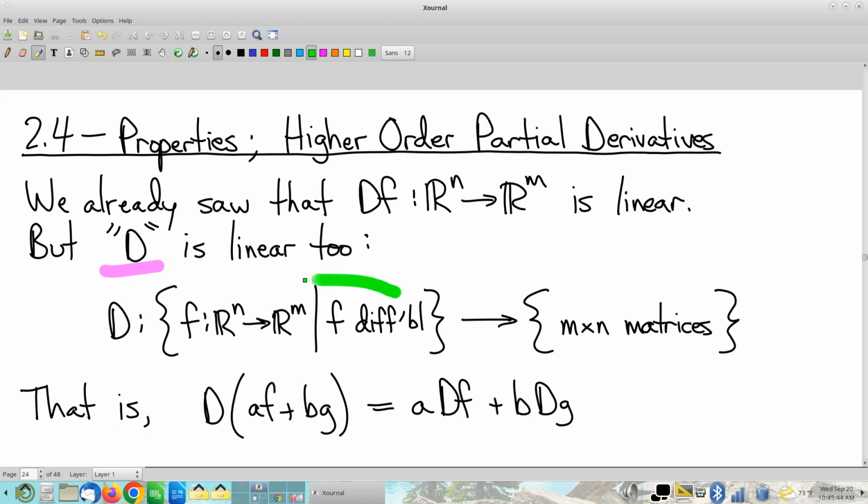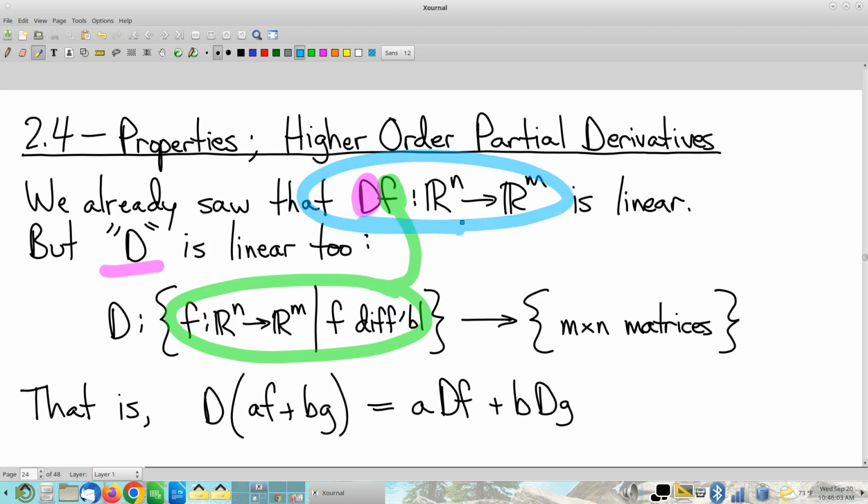If you have a differentiable function f, the act of differentiation, applying this D to it, turns a function into a matrix. I'm saying that this process of turning a function into a derivative matrix is also linear.